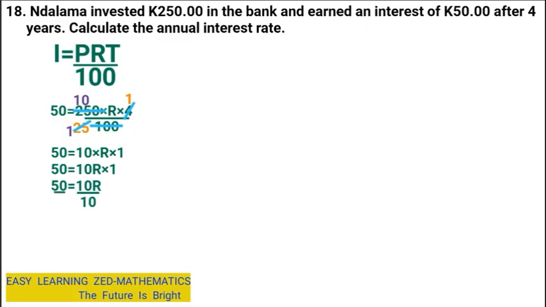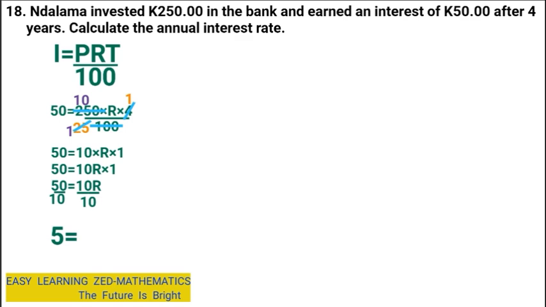Then I'm going to divide 50 by 10. So 50 divided by 10 will give me 5, which is equal to 10r divided by 10. So that means the 10s will cancel each other.